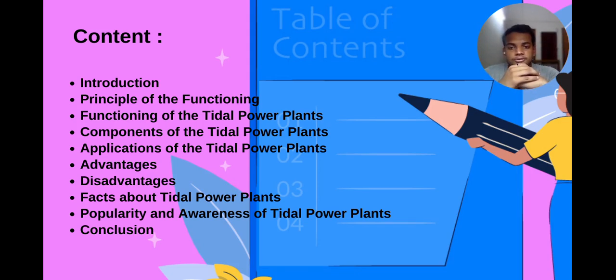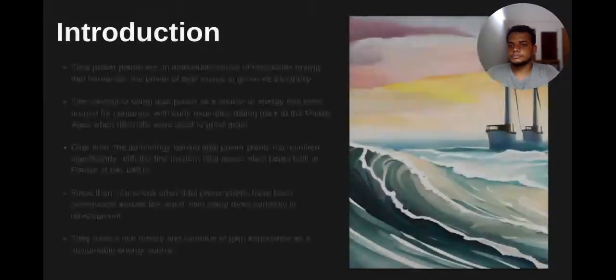Then some interesting facts about tidal power plants, of course, and then popularity and awareness of tidal power plants in the current state of the world, and then the conclusion itself, an overall summary. So now let's move on.